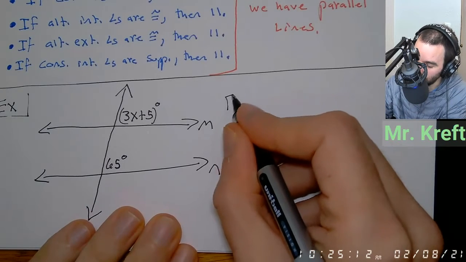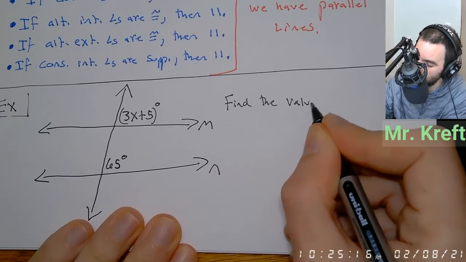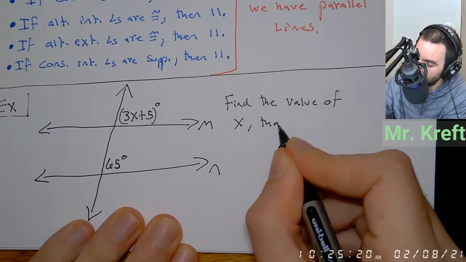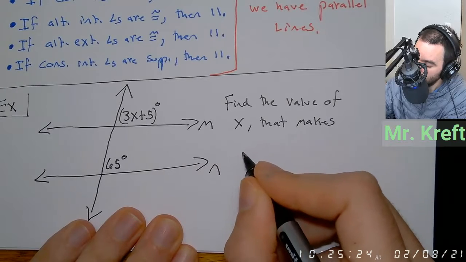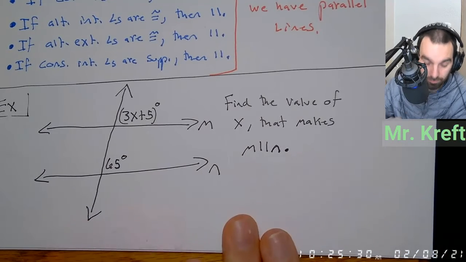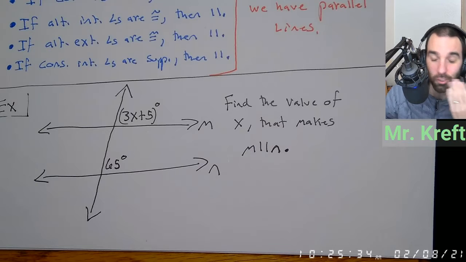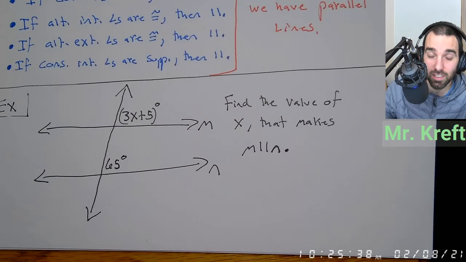So what we're going to do is find the value of x that makes line M parallel to line N. Now, this isn't much different from what we did last class.